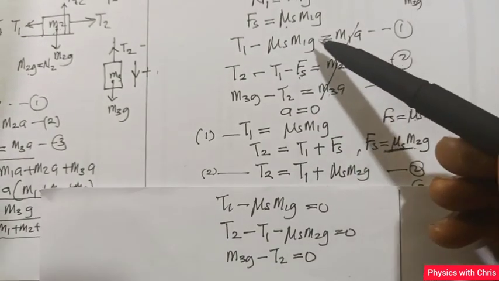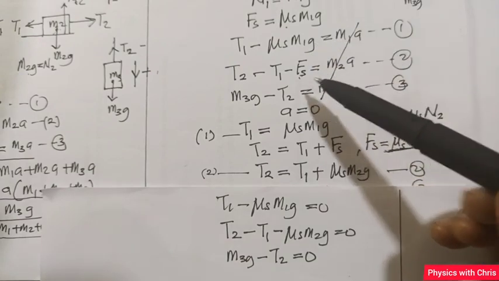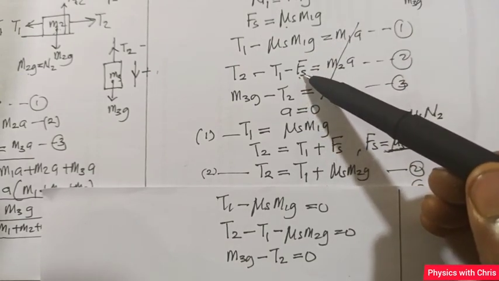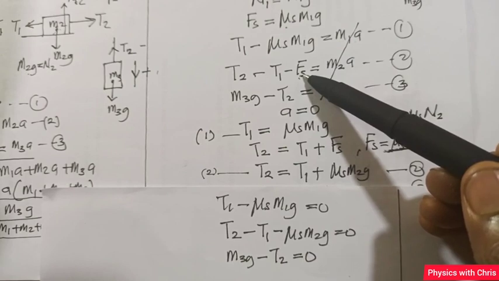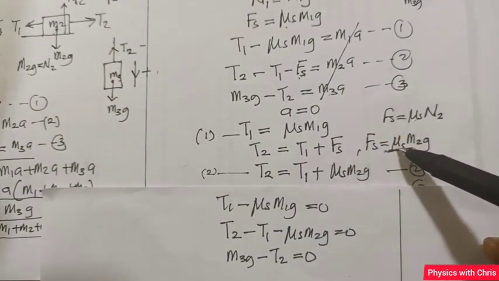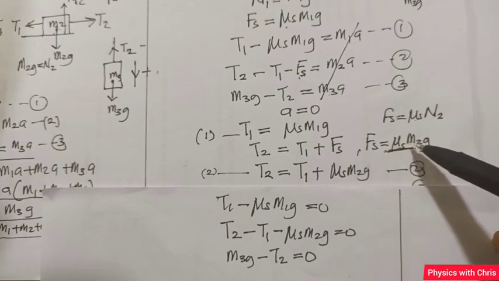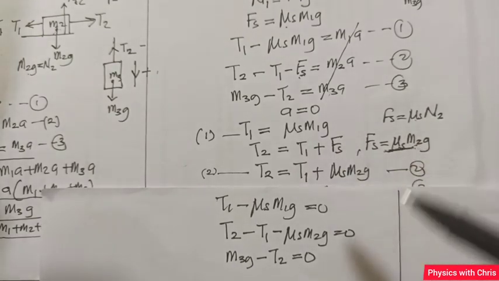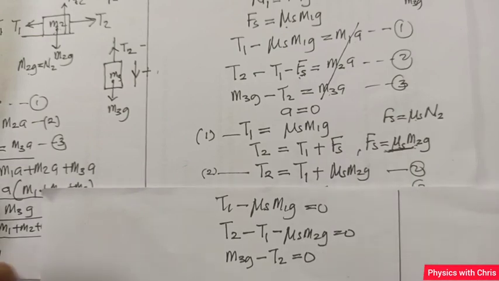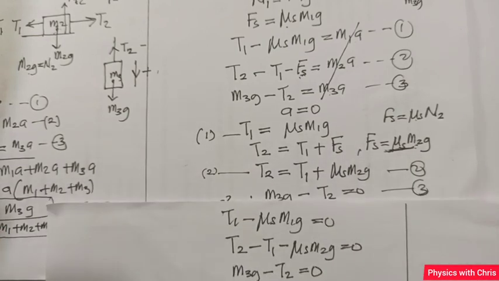Recall that this Fs is the static frictional force between block M2 and the table surface, and is given by mu s M2G, where M2G is the normal force acting from the surface where M2 is placed. So I'm going to replace this Fs with this, which gives me this. I want to add these three equations as I did earlier.